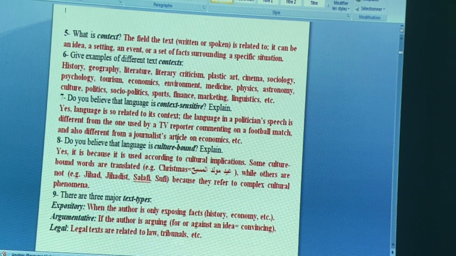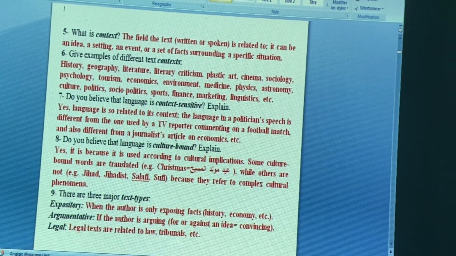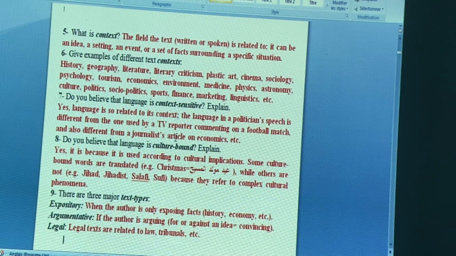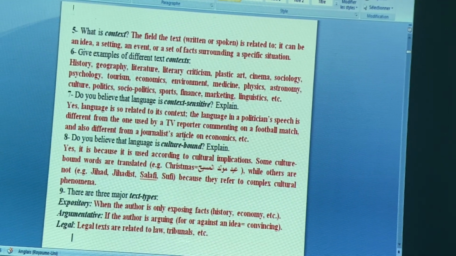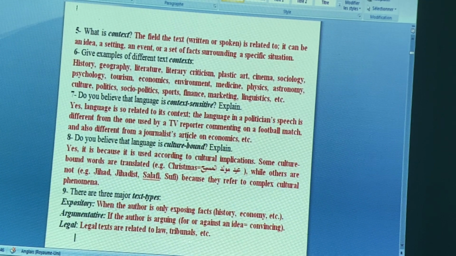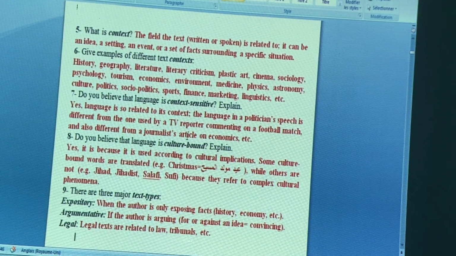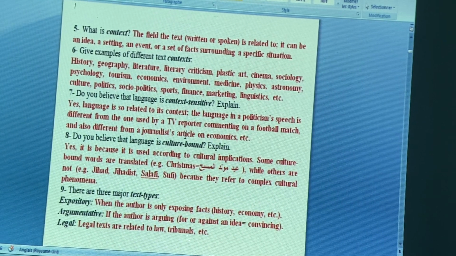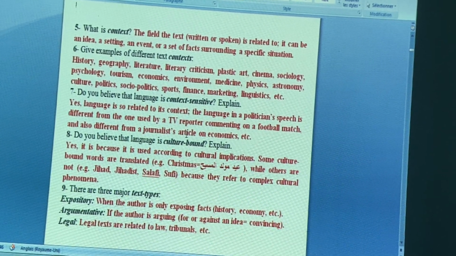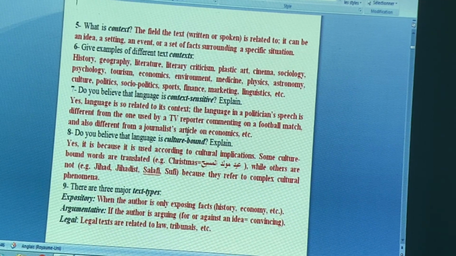He's trying to be convincing. Legal texts are related to law, to tribunals. We will not be practicing a lot with legal texts because you are not trainee translators, you are students in the English Studies department, so most of the texts we'll be dealing with will be either expository or argumentative.